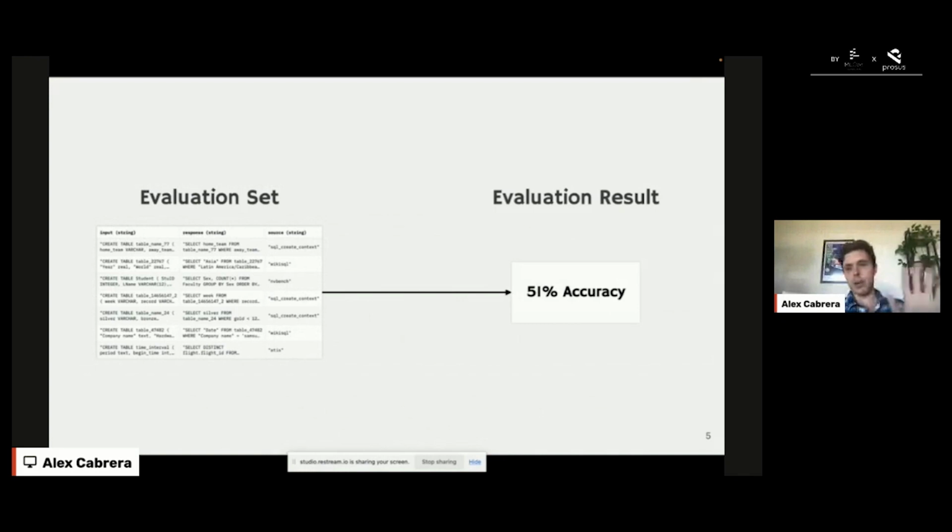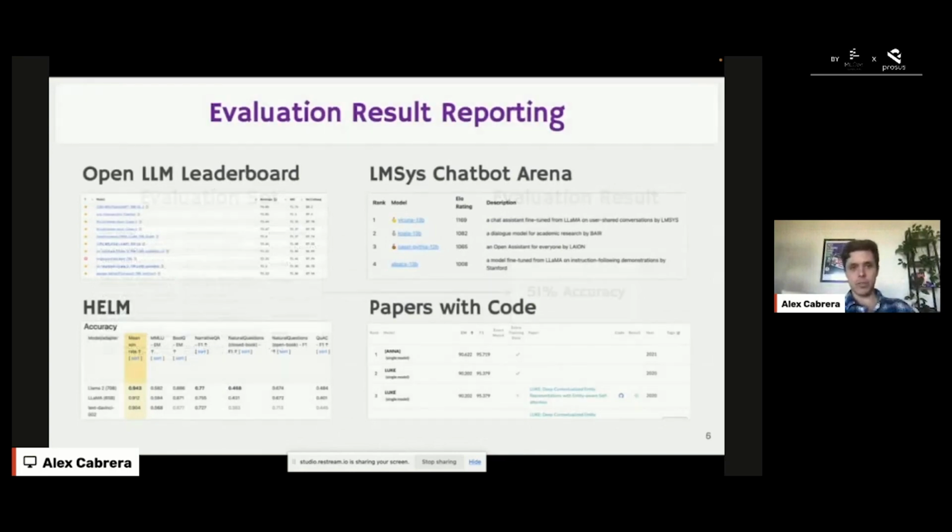And across the board, almost always, the results of these models are reduced to a single metric or a single number. We look at a lot of the most common leaderboards or evaluation results, everything from the LLM leaderboard I mentioned to the chatbot arena to Helm, Papers with Code. They almost always report the results in a table with a single aggregate metric.